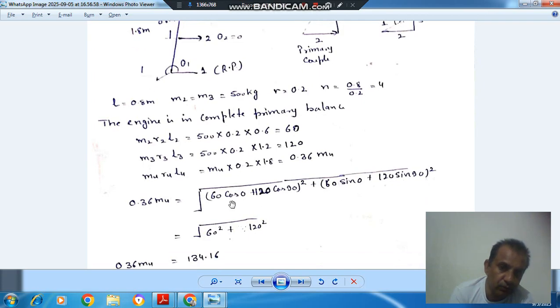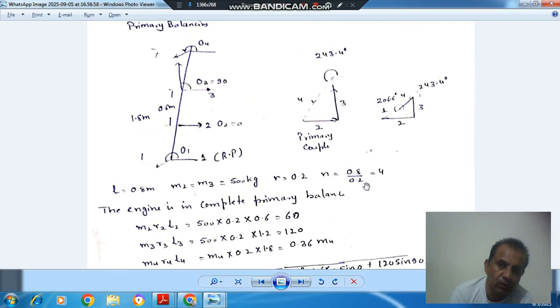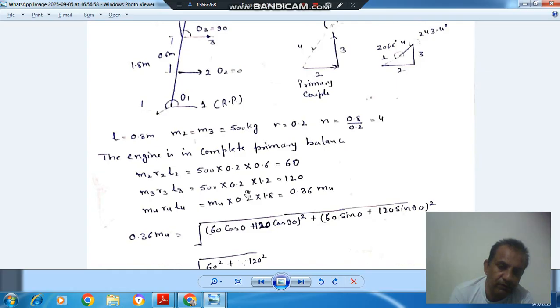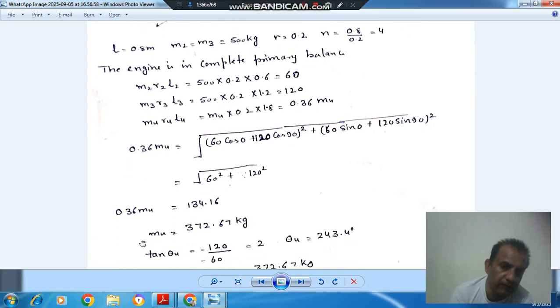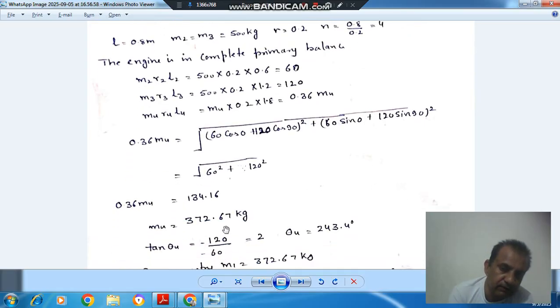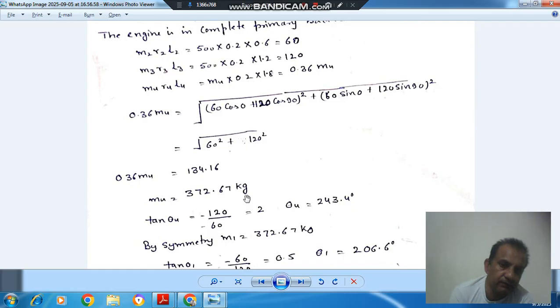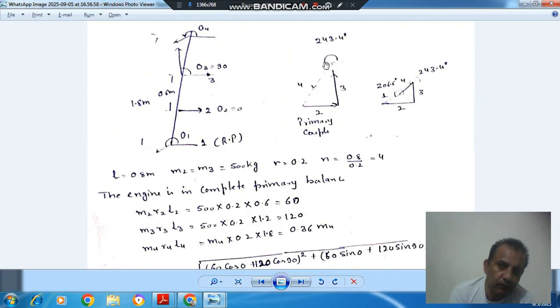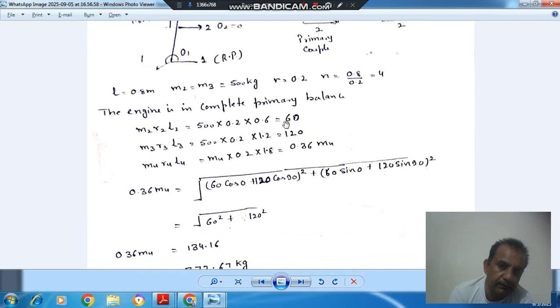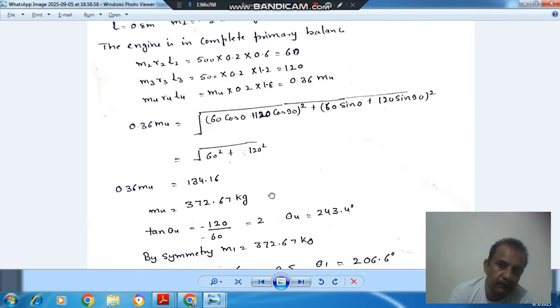Cos 0 will be 1, so it will be 60 square plus 120 square equal to (0.36 M4) square. From this we get M4 as 372.67 kg.